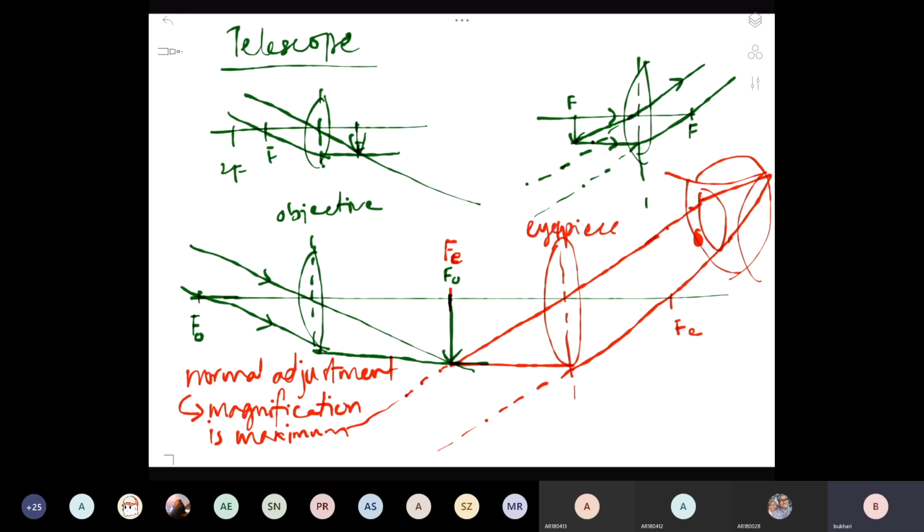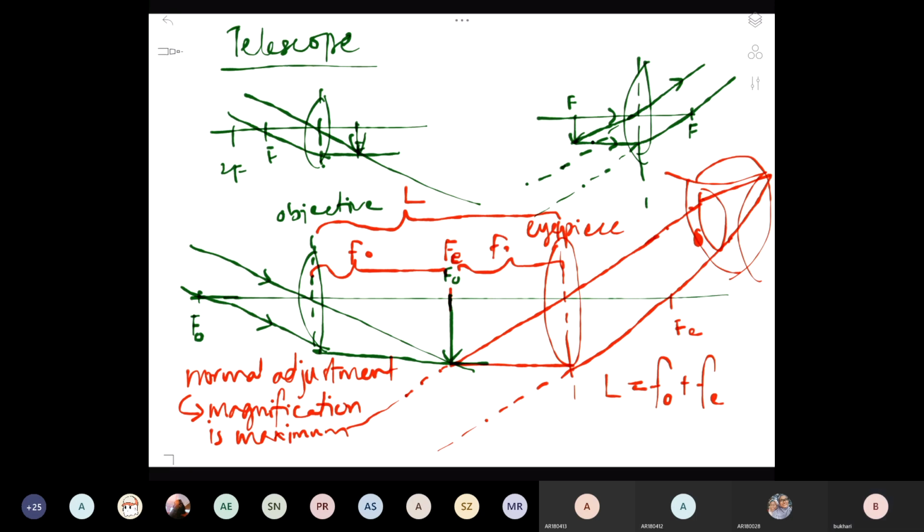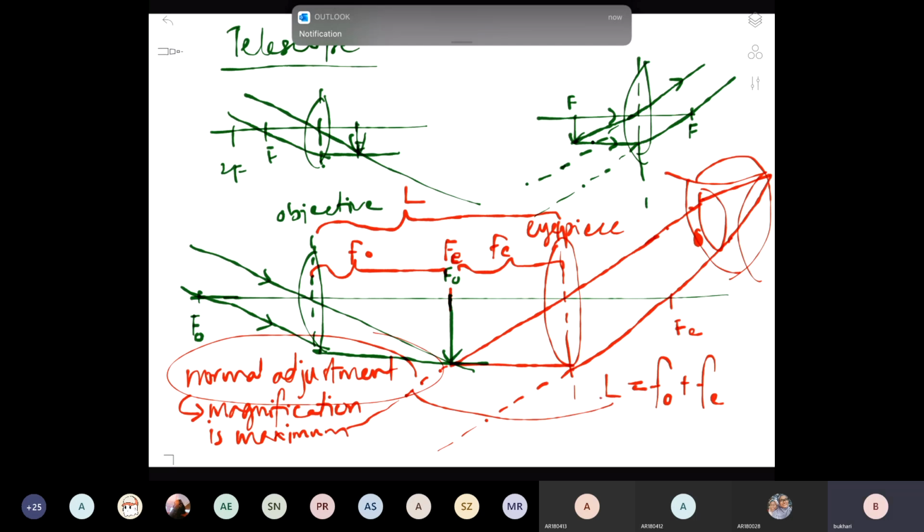The distance between the eyepiece lens and the objective lens is L. L equals FO plus FE. You need to remember this. Here is FO and here is FE. So in order to reach normal adjustment, we need to make sure that L equals FO plus FE.